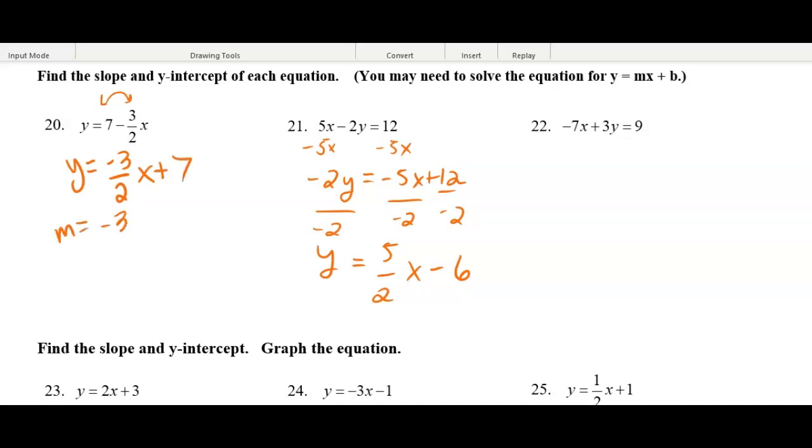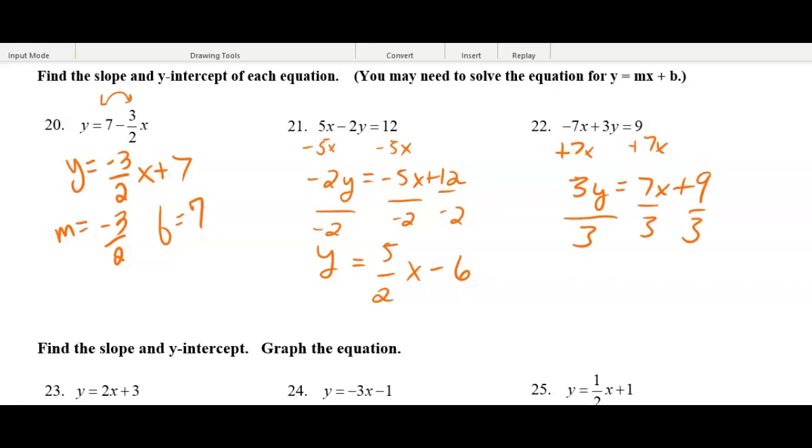So m equals negative 3/2, b equals 7. On 22, just like 21, we always add or subtract our x's first. So you get 3y equals 7x plus 9, divided by 3 everywhere. Y equals 7/3 x plus 3.